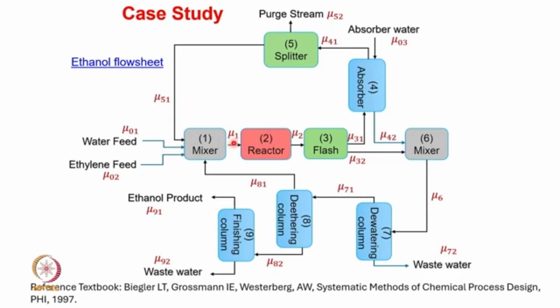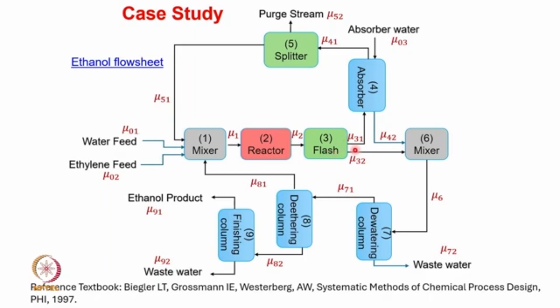This entire molar flow rate of mu 1 is then charged to the reactor, and in the reactor, due to different reactions, we will get a different molar flow rate, let's say mu 2. The reaction mixture coming out from the reactor is then charged to the flash unit, where the temperature is reduced to the cooling water temperature, and the liquid and vapor streams are separated.